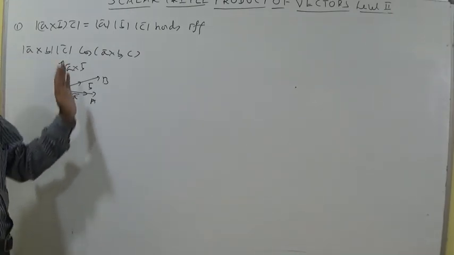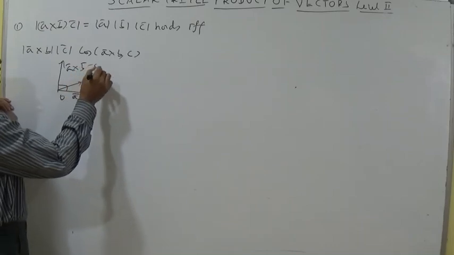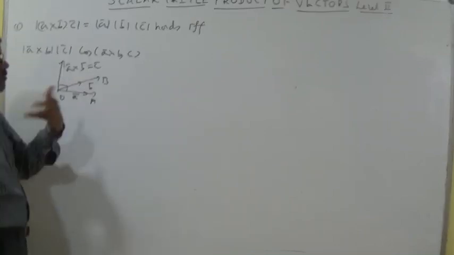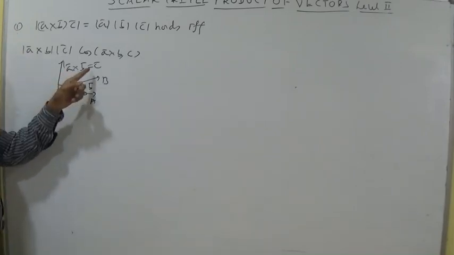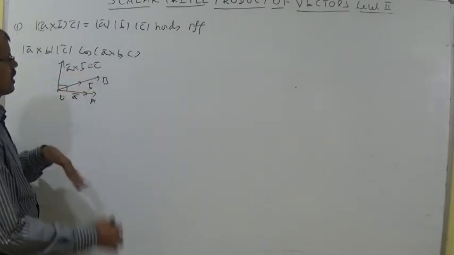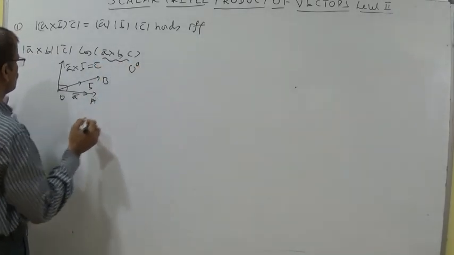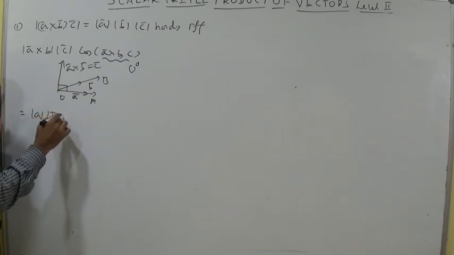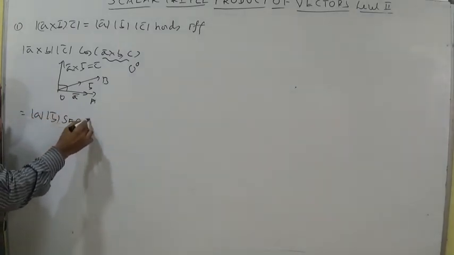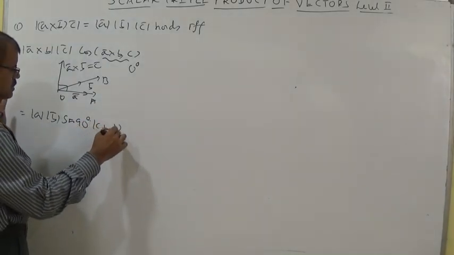Whenever A cross B is parallel to C, the angle between A cross B and C is 0 degrees. That equals modulus A into modulus B into sin 90 into modulus C into cos 0, which is 1.